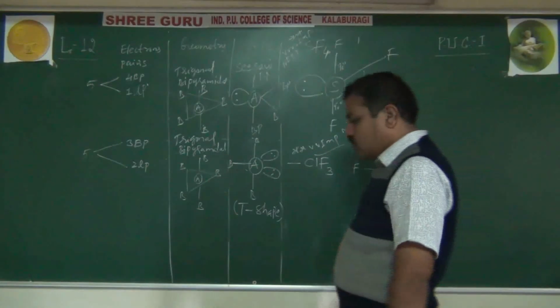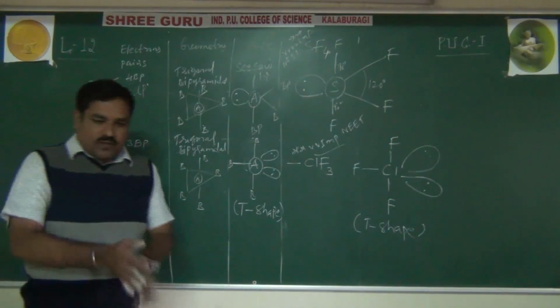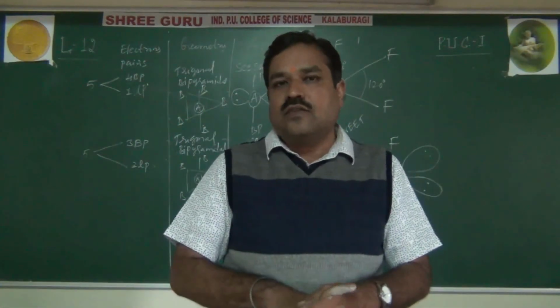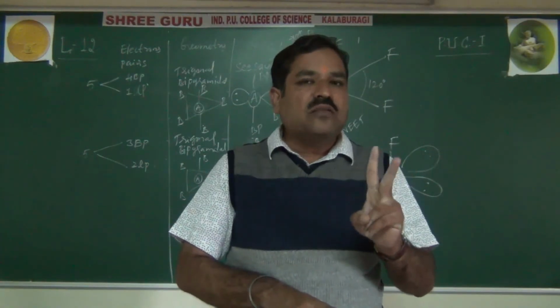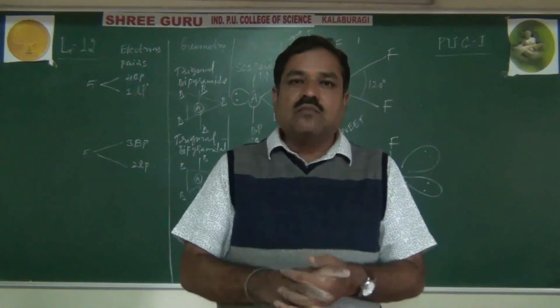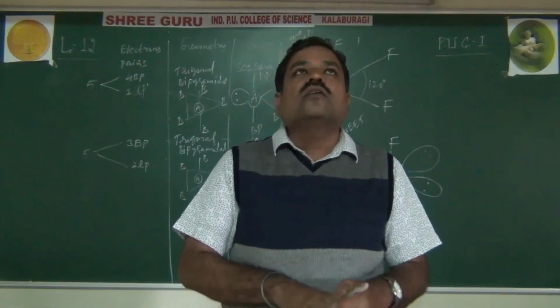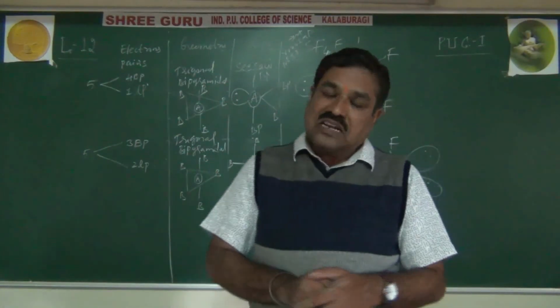Next example, chlorine trifluoride. I'll repeat: there are 3 sets of pairs. Out of that, one lone pair and 2 bonding pairs give a bent shape. Next examples, ozone and sulfur dioxide. Now, if there are 4 pairs, the exact geometry should be tetrahedral.